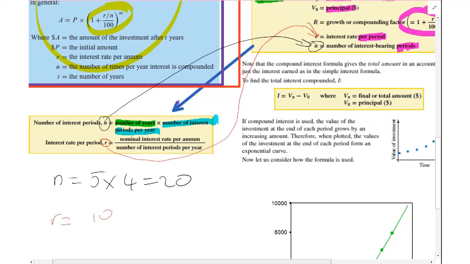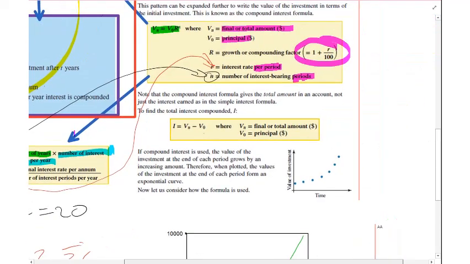And if I have the number of interest periods per year, if I say quarterly again, that's 10 divided by 4. So my interest rate per period, each quarter in my example, is actually 2.5%. That's the r you use per period, while the number of interest periods is n. That's what you've got to be really, really careful with.